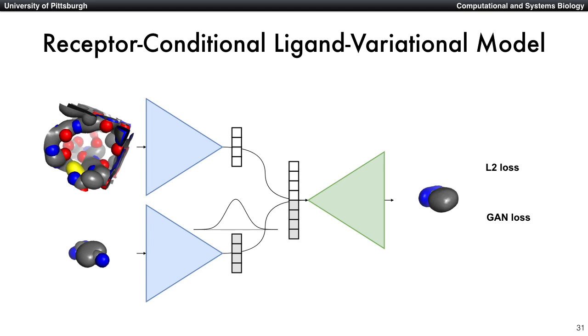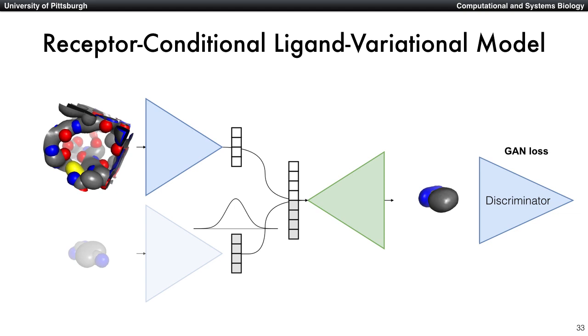During training, you can train it with the complex. So this is the actual receptor and the actual ligand, right? And then this is just sort of auto-encoding the ligand here with L2 loss. Or you can just sample from a distribution for this ligand space and generate new ligands.